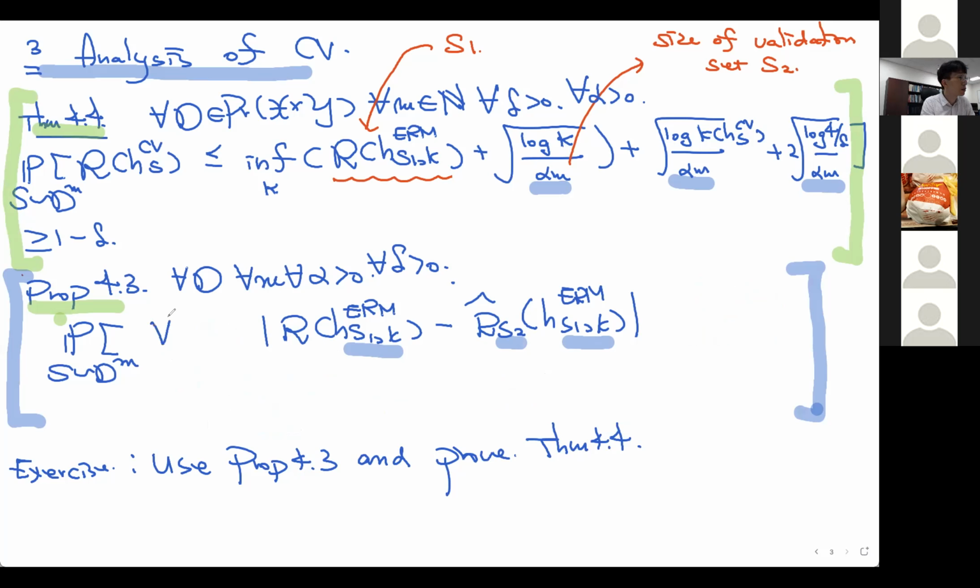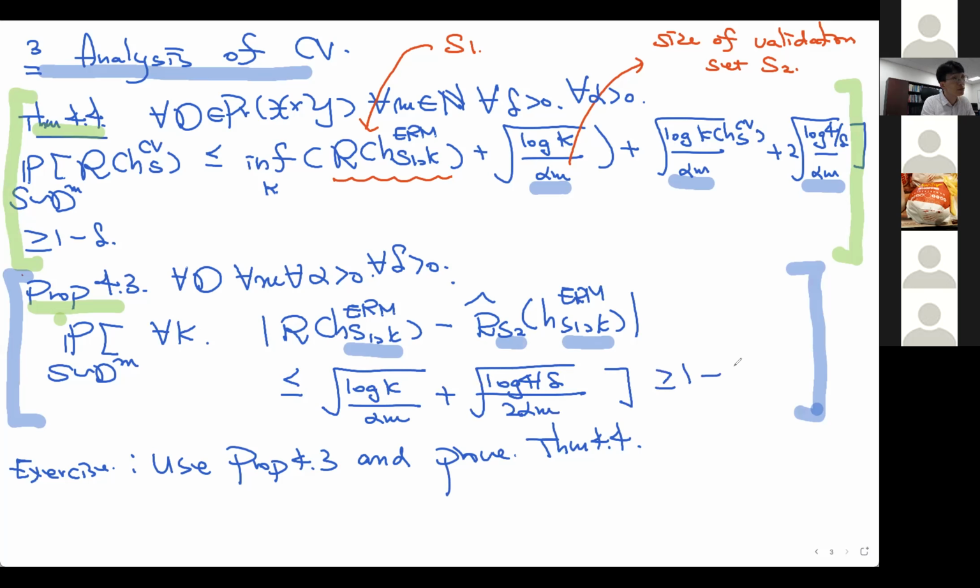So for all k, that's the form. So probability for k, the difference between the real risk and empirical risk is bounded by the quantity in this proposition, the probability is very high.